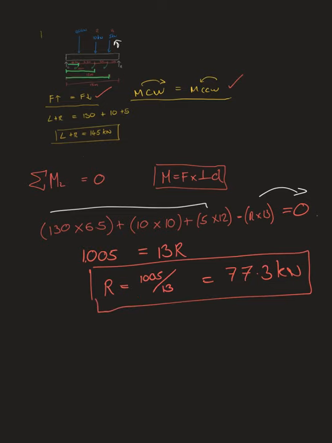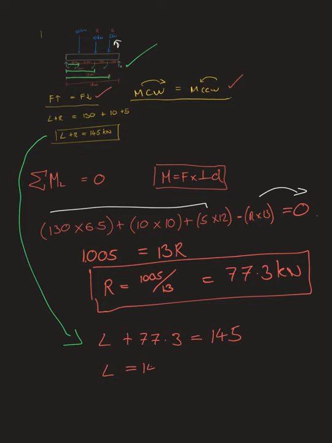Now that I have a value for R, I know one of my forces. I need to go and find L, and I do this by taking that initial statement of forces and substituting the value in. So I said L plus R was equal to 145. So L plus 77.3 equals 145.